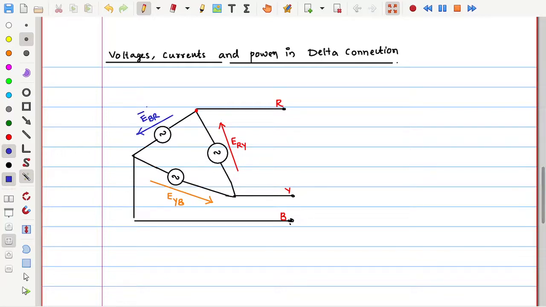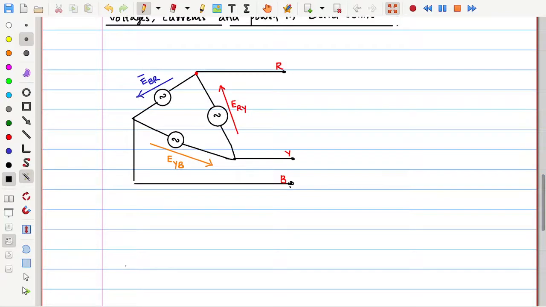So see, try to observe in case of the delta connected system. In case of the delta connected system, you can see R phase line. These are the lines. I told you, excluding the generator, other than generator, we call as lines. So now see R to Y, how much is the voltage? ERY, which is equal to this generator voltage. See, this particular generator voltage.